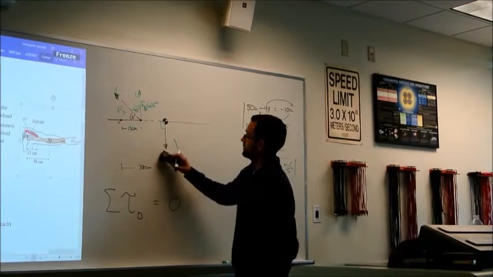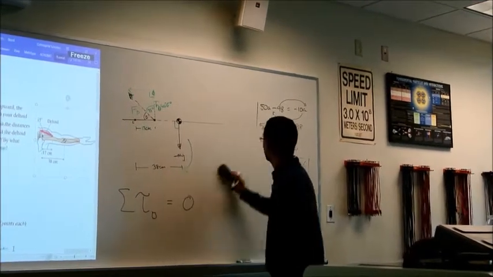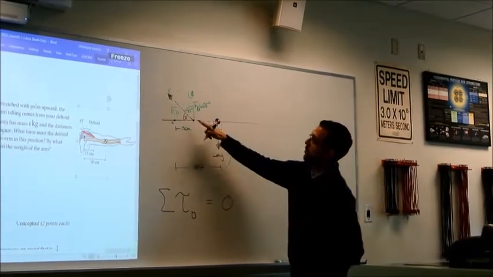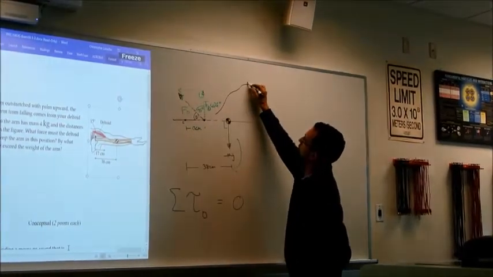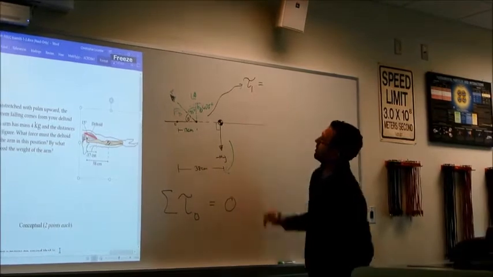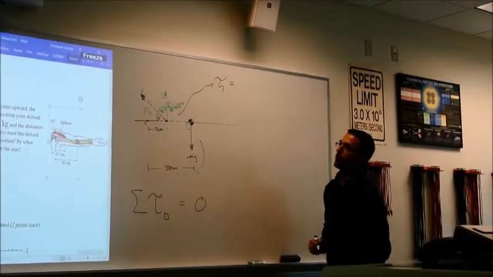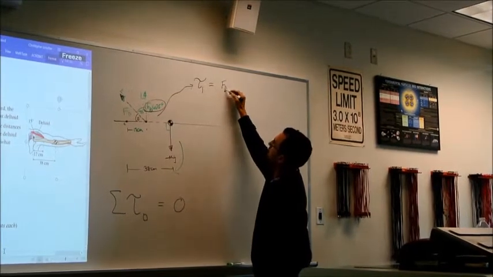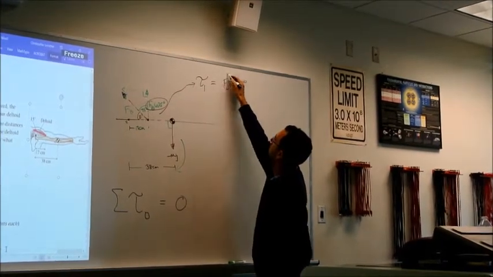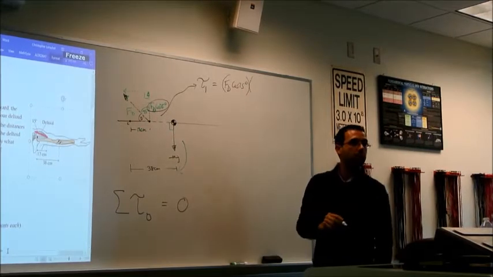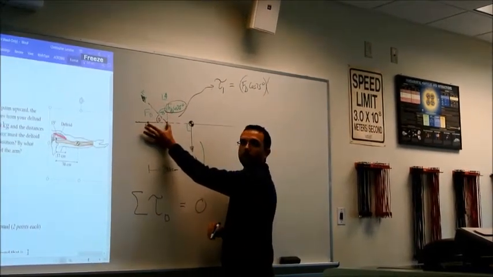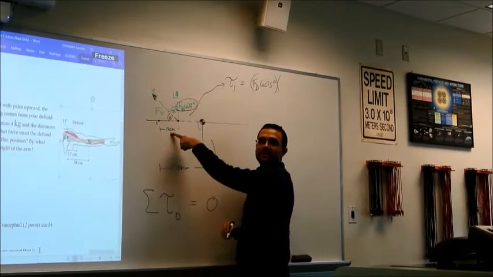Yeah. Okay. So here we go. What we're going to do first is calculate the torque generated by this guy. I'll call that torque 1. So torque 1 is going to be F perpendicular, which is my FD cosine of 75, multiplied by the radius, or distance to the pivot point, which is 17 centimeters.